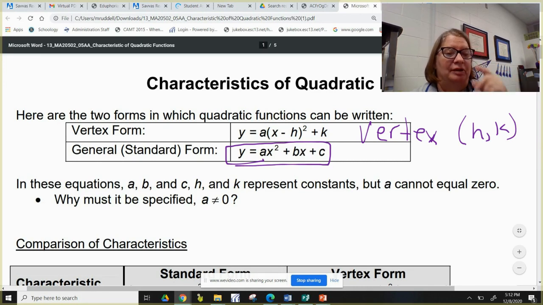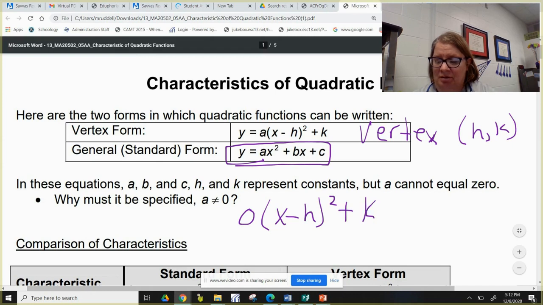In this equation, a, b, c, h, and k represent constants, but a cannot equal 0. Why is it that a can't be 0? Think if we had 0 times whatever this is. Quadratic means it has an x squared term.